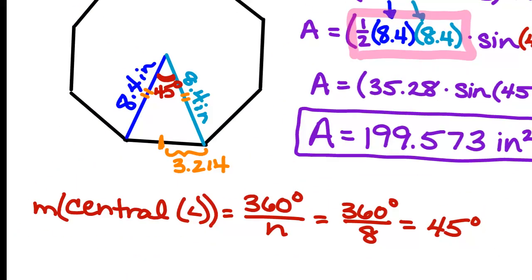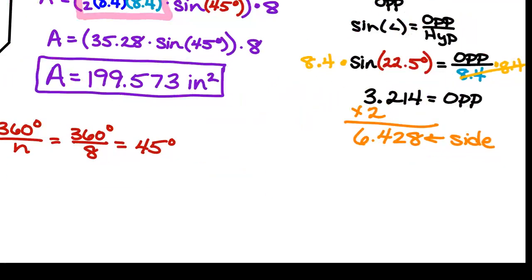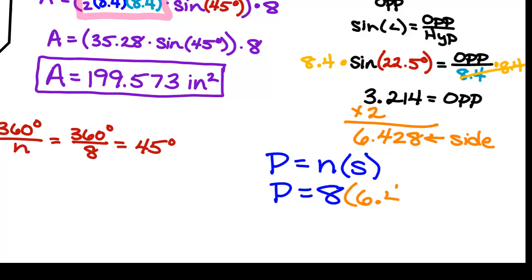So I'm going to come over here and actually add that onto my picture. 6.428. And now I can find the perimeter, because the perimeter is equal to the number of sides times the length of each side. How many sides do we have? 8 sides times 6.428.